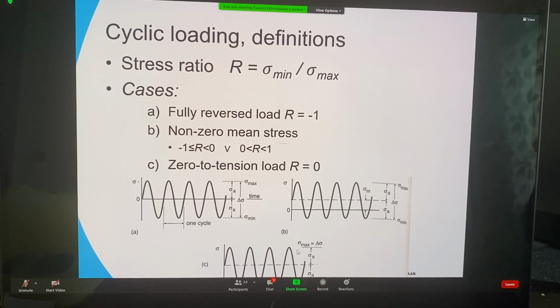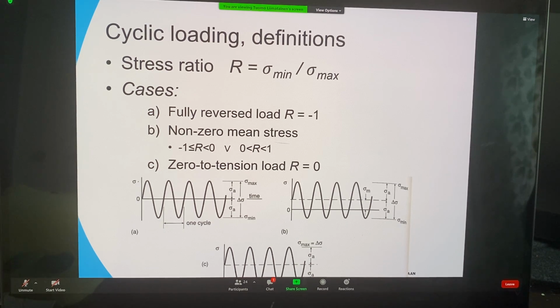Of course, there would be a fourth case also where the maximum stress would be at zero and the minimum stress fully on the compression, but that is not that important. Of course, that is possible, but then it would be completely on the compression, and that is not as important a case because if we have only compression, it doesn't tend to cause fatigue failure.